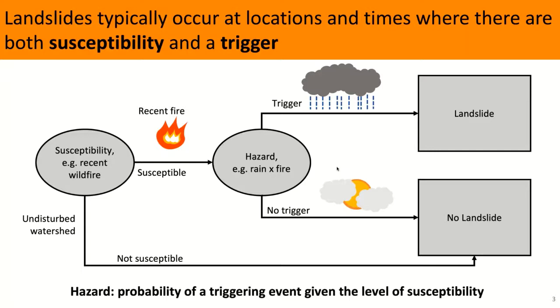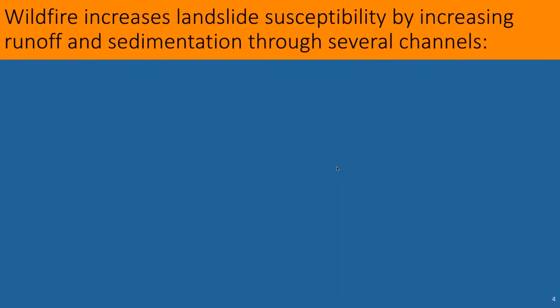And so for that, we need a trigger. And so talking about hazard is kind of the probability of a triggering event at the given level of susceptibility. So whatever kind of volume of rainstorm in this case that might be, might change based on the susceptibility. And so the hazard is really the combination of those two things.